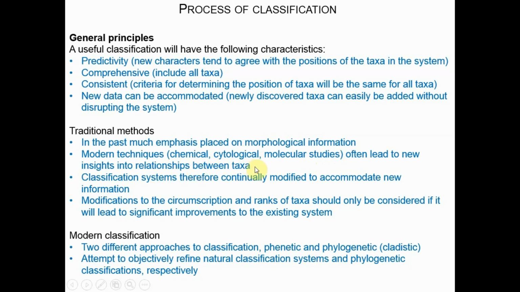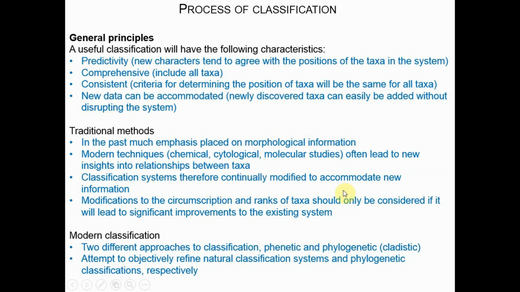And they can point out where in the past people have gone wrong with classification systems. So remember, when we sequence the DNA, for example, and we build trees, we really get a good idea of true relationships between taxa. And often if we only look at morphology, then we get those relationships wrong because of things like convergent evolution.